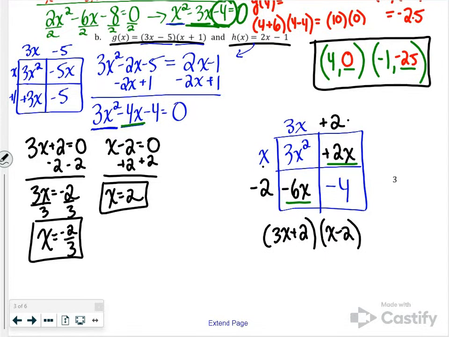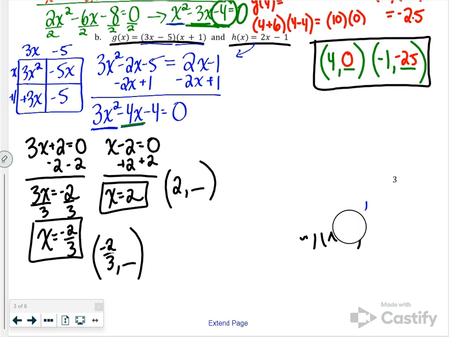So, last but not least, we know that negative 2/3 comma something will be one of the values, and we know that 2 comma something will be one of the values. So, I'm going to figure out what those y values are, and I'm going to plug them back into h of x, because this is a much easier function because it's only going to be times 2 and minus 1.